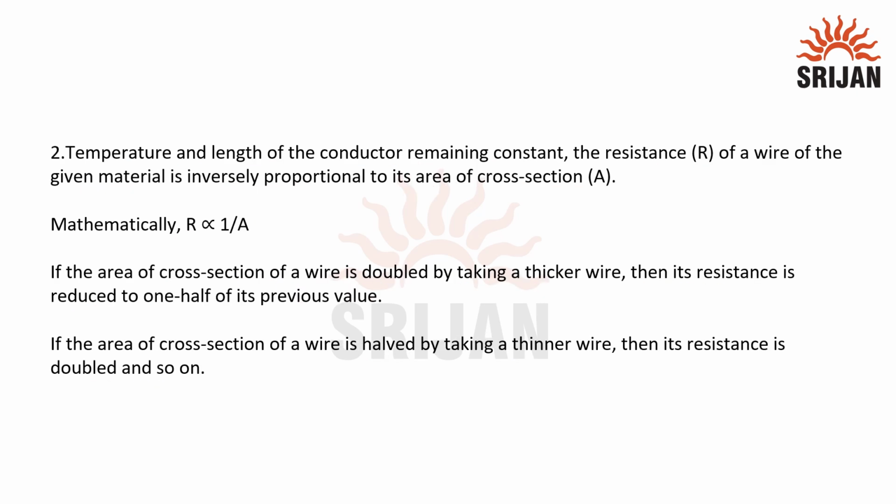Next factor is area of cross section. Temperature and length of the conductor remaining constant, the resistance of a wire of the given material is inversely proportional to its area of cross section. Mathematically, we can write that resistance is inversely proportional to the area of cross section.